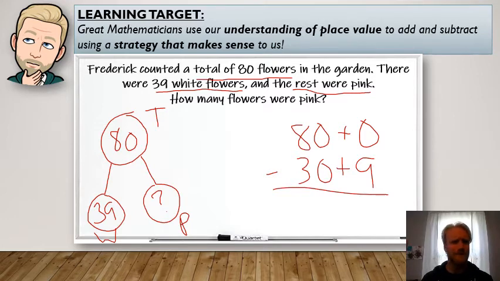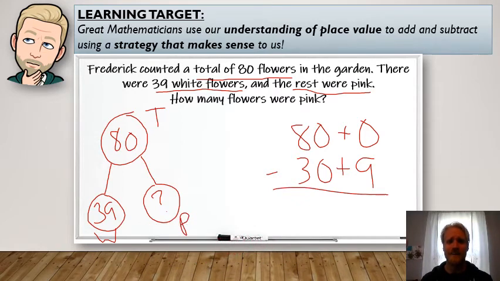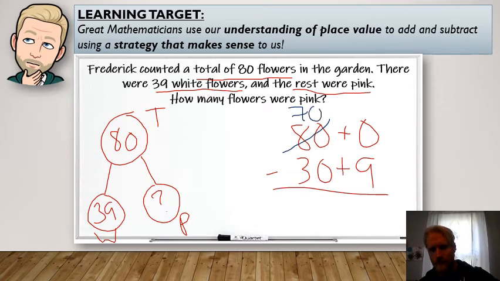You guys are really helping me out here. We have to regroup, absolutely. All right, so if we're subtracting, it means I have to take away a 10. So in order to do that, I'm going to cross out and turn this into 70 because I'm going to take 10 from 80.